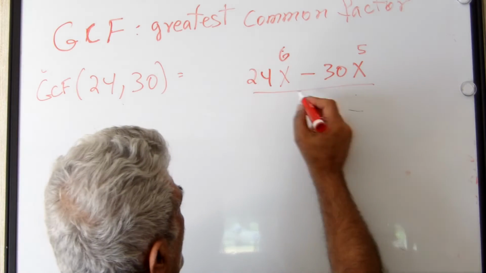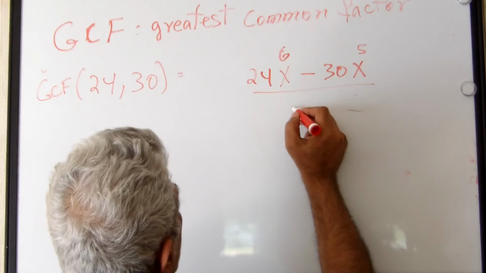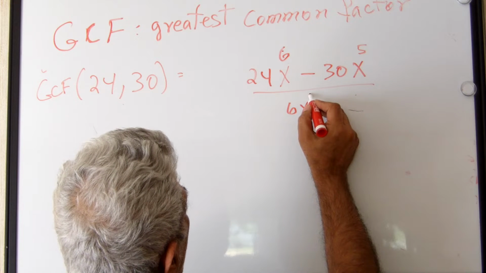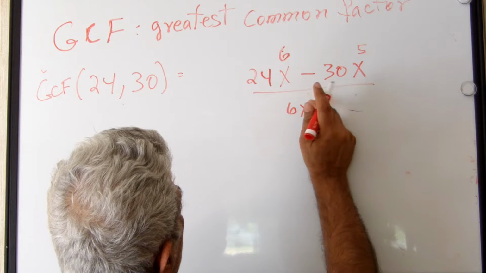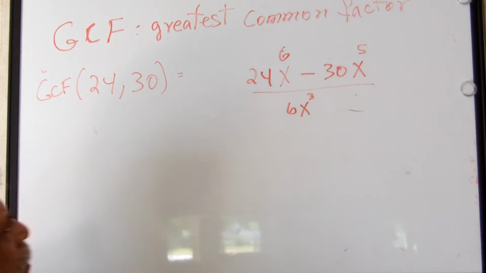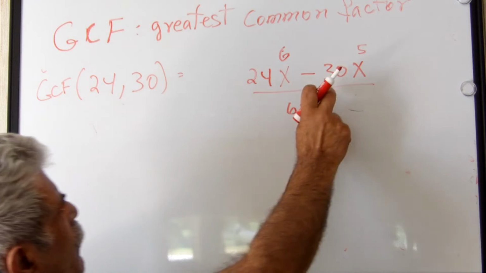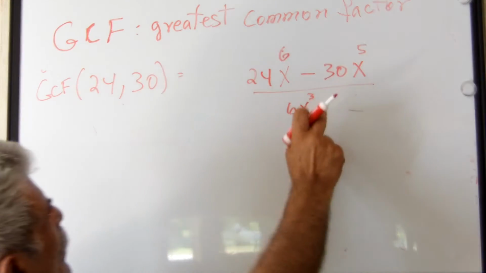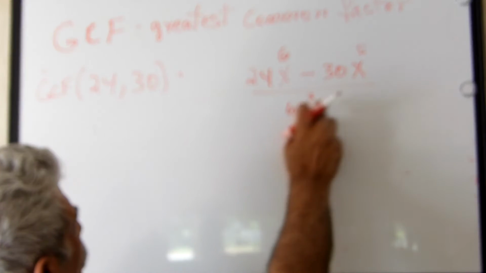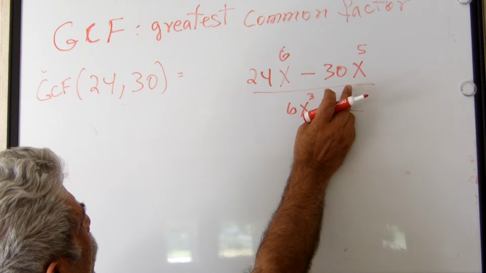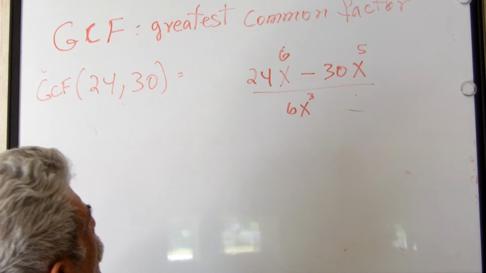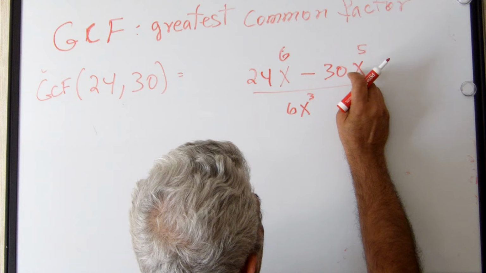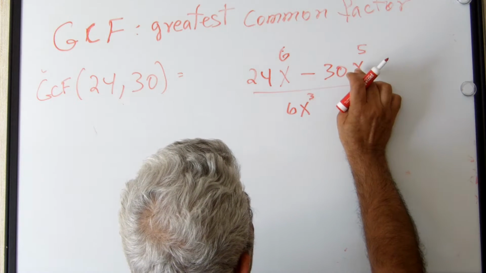To do that, you find the GCF of these two numbers, and then also for the variables.